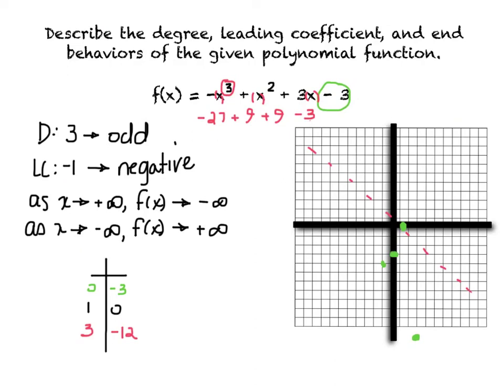If I plug in -3 here, I get a -27, so that will be a +27. If I plug in -3 here, I still get a +9. If I plug in -3 here, I get a -9 minus 3. So 27 plus 9 is 36, minus 9 minus 3. So if I plug in -3, I get +24, which we know is going to be way up here.